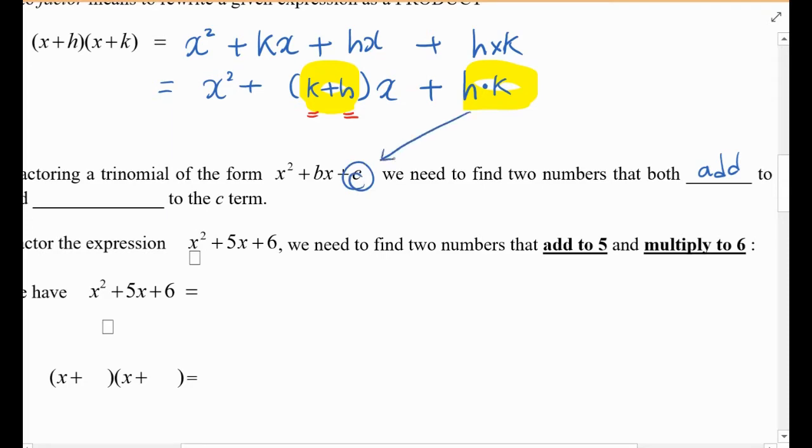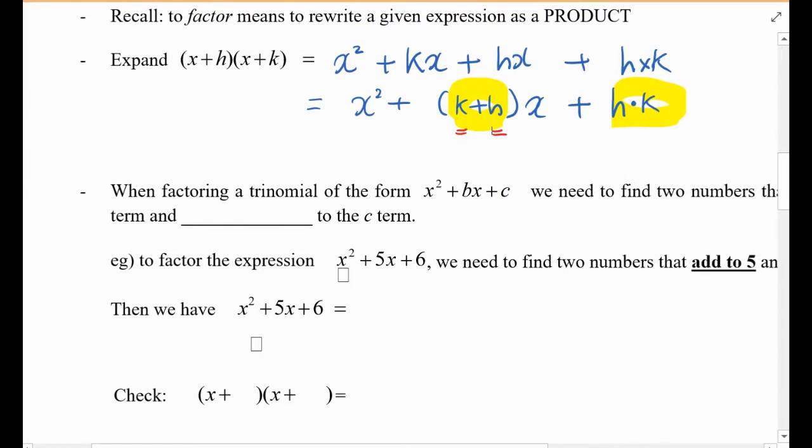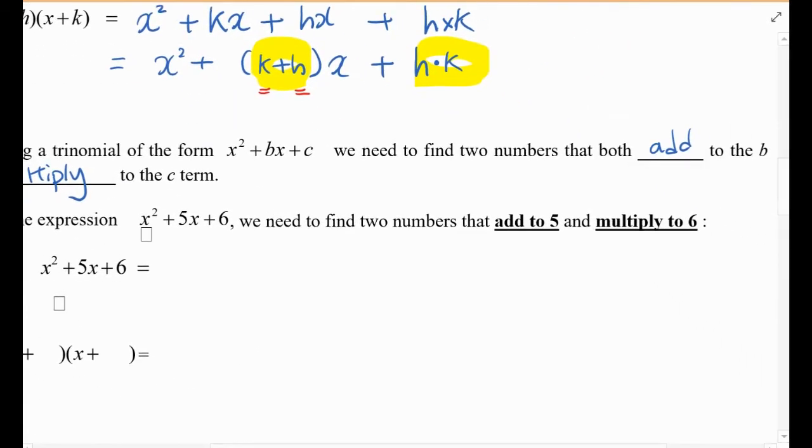And c is the multiplication, so they multiply to the c term. So for example, to factor the expression x squared plus 5x plus 6, we need to find two numbers that add to 5 and multiply to 6. Can you find those numbers?